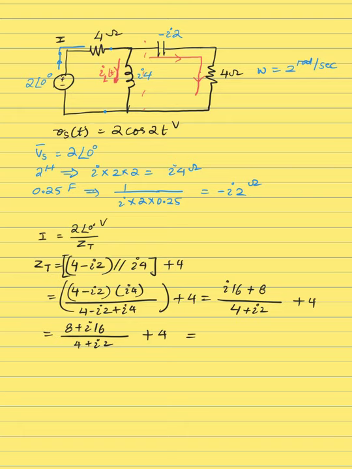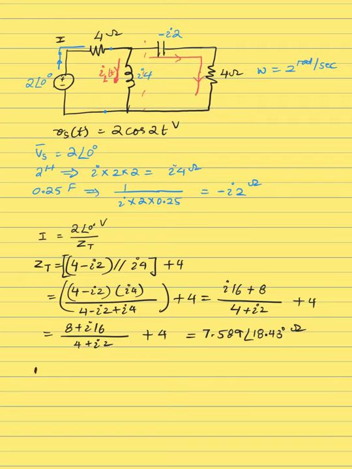And the total value of the impedance comes to 7.589 in polar form, of course, at an angle of 18.43 degrees. And the units are ohms. So that's your total impedance.